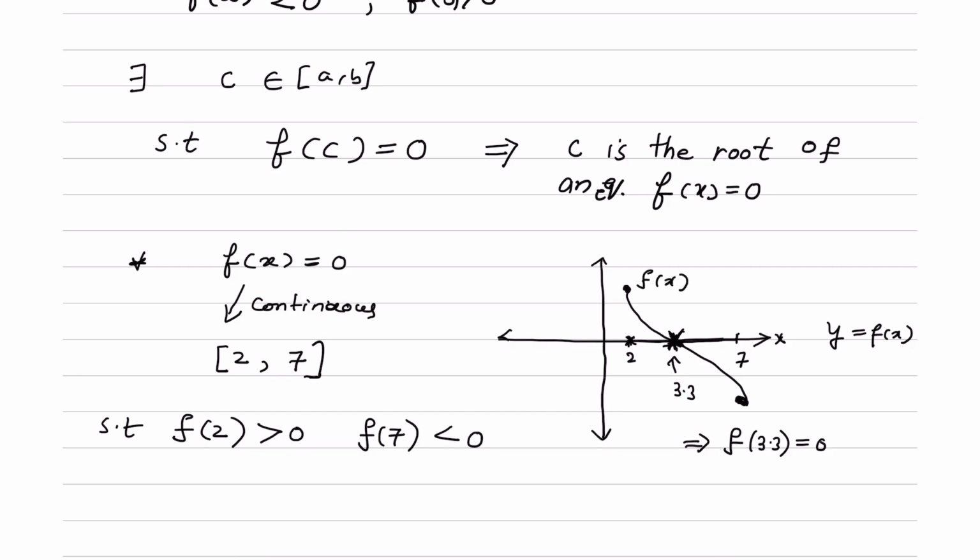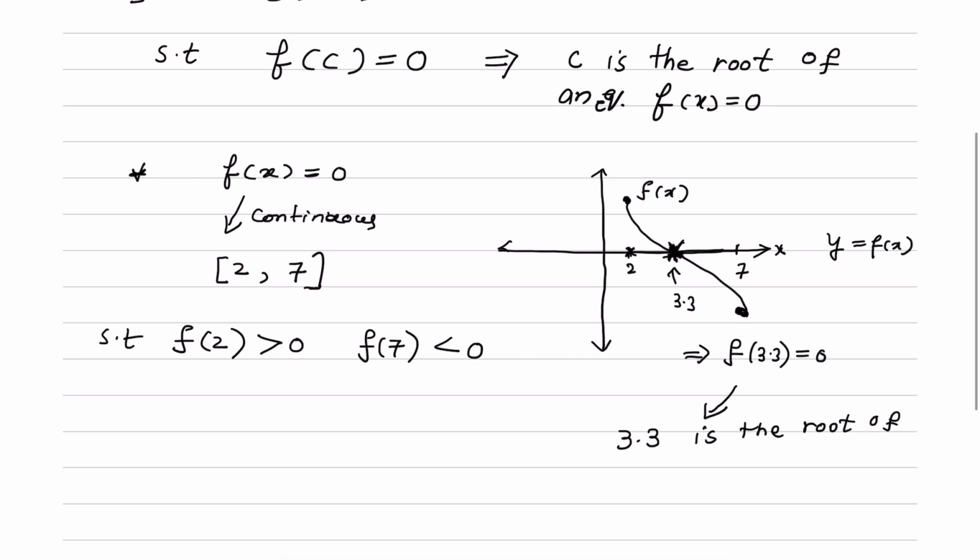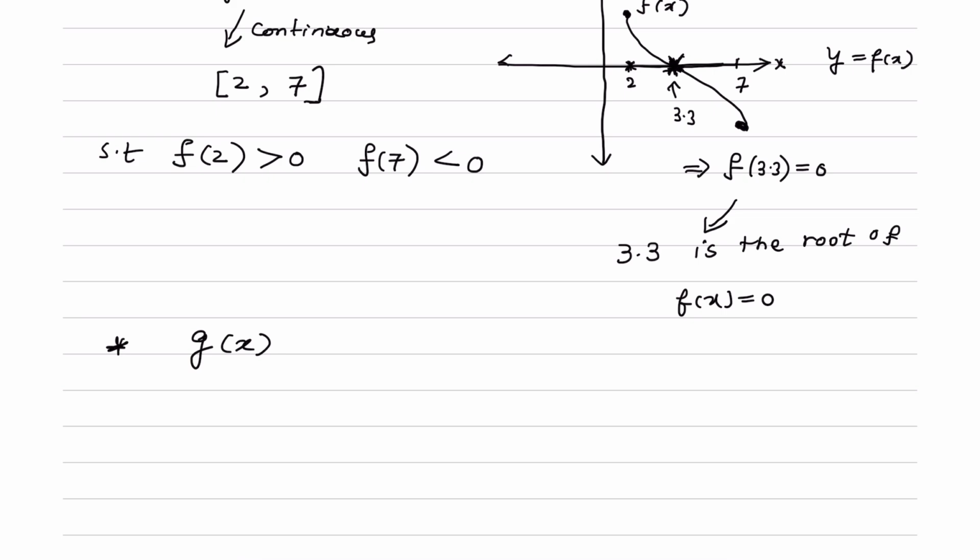This graph cuts the x-axis at this point, and this point is 3.3. F at 3.3 is 0. So by the definition of the root of an equation, we will say that 3.3 is the root of the equation f of x equal to 0. And that was our goal, that we had to find the root of this equation f of x equal to 0 in the beginning. Let's try to understand this through another example.